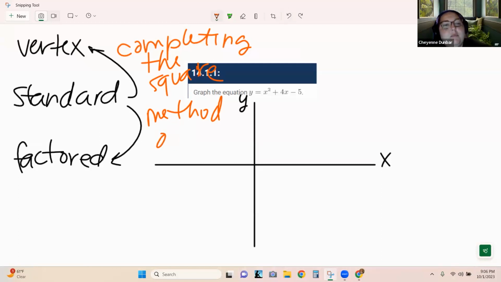I guess you could just call it factoring. I don't know, but there's so many, but it depends. It depends on what your quadratic looks like, depending on which strategy you use.